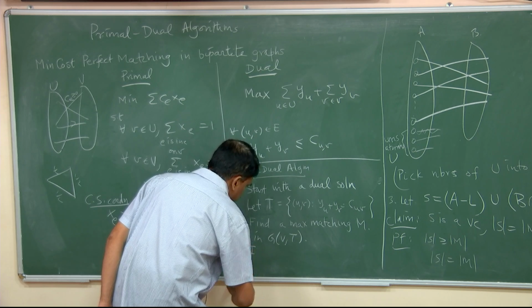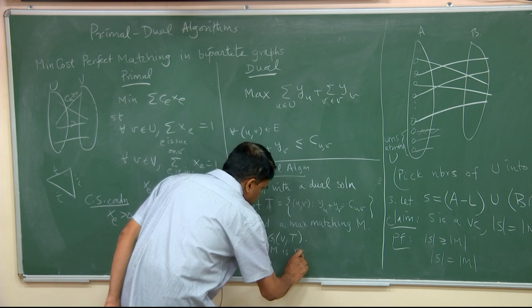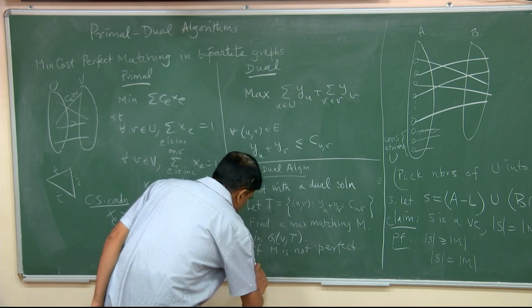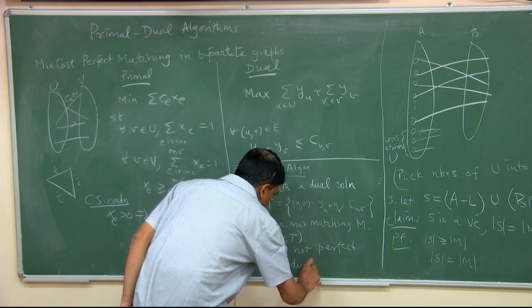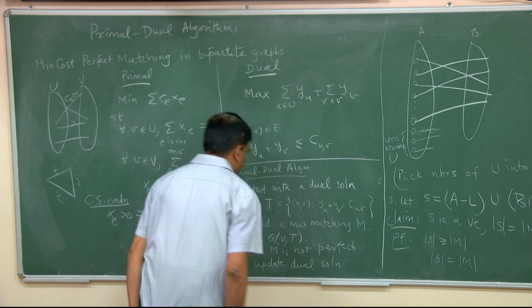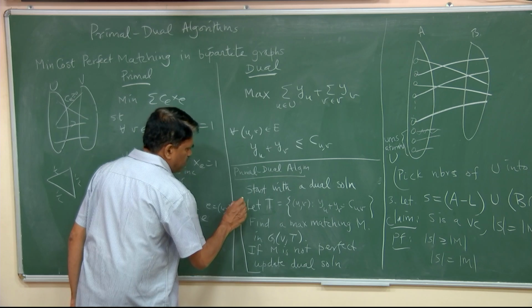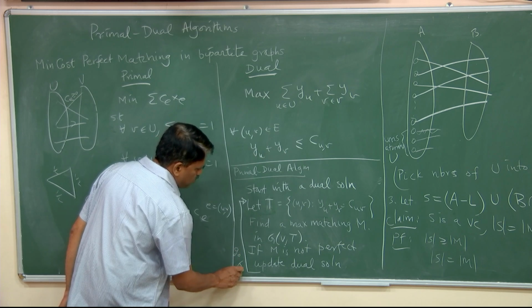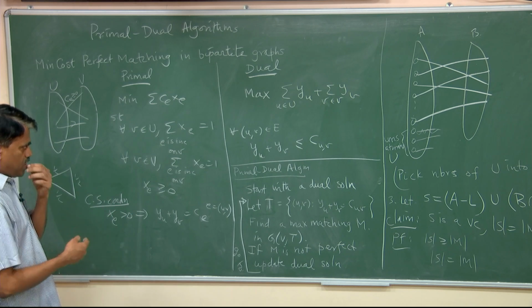If M is not perfect, update the dual solution, then repeat. So go to here. This is sort of a loop.